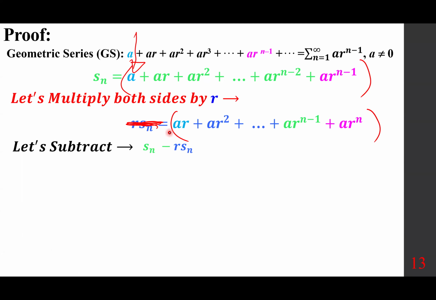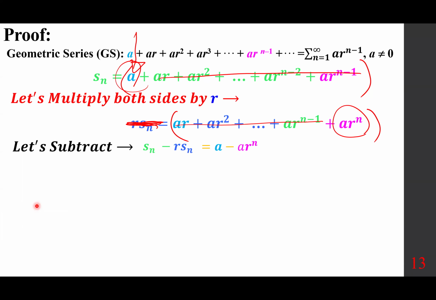But a r is here, and we are subtracting. a r squared is here, all the way to a r to the power of n minus 1. In other words, these cancel out. This is left. We get a minus a r to the power of n.